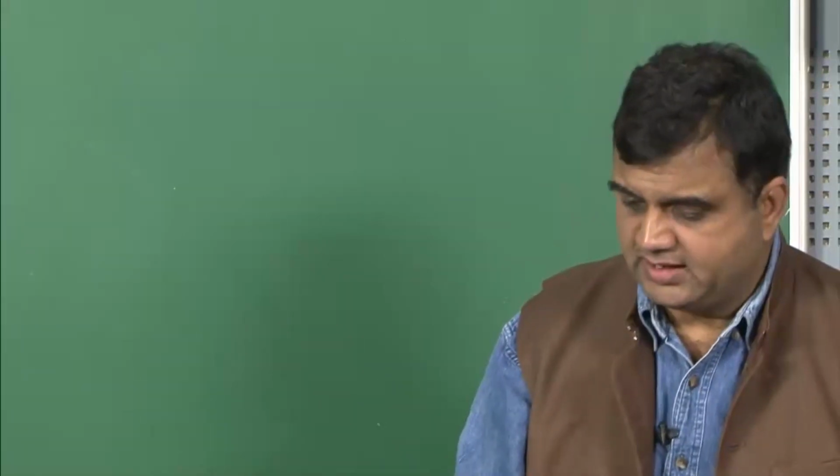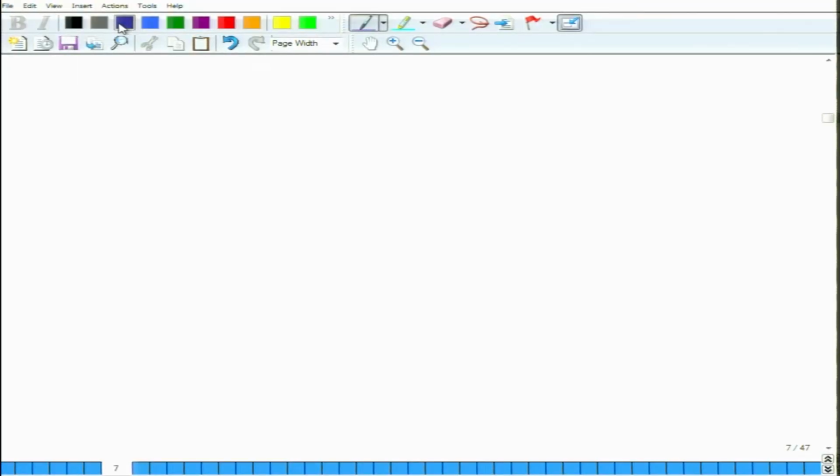But before we do that, let us look at the definition of composites once again. So, what does it require? Composites: the first thing is that it should have two or more chemically different constituents.